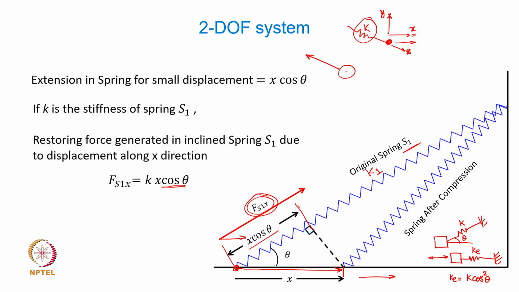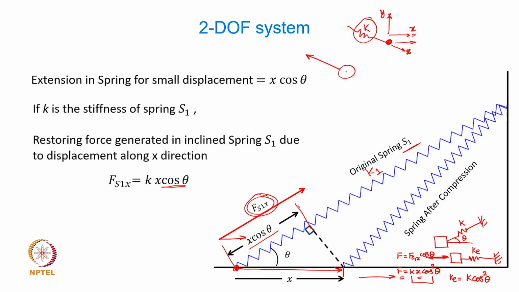So the component of the restoring force along the direction x, this component of the force F is going to be Fs1x cos theta, which is going to mean that it is kx cos square theta, which means that the relationship between force and the displacement x is through k cos square theta, and that becomes the effective stiffness of the spring. Now this is just a revision of what we discussed right in the beginning of the course when we discussed single degree of freedom system.